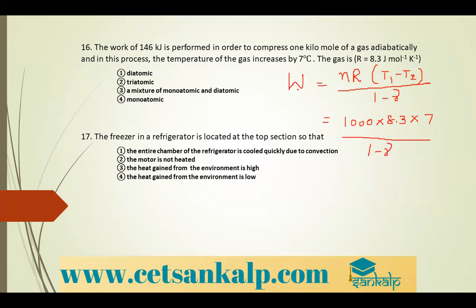So work done is minus, since it is an adiabatic compression, into 10 to the power 3. So 10 to the power 3 and 1000 cancel. If we keep this negative sign as it is, minus of minus, plus gamma is equal to 8.3 into 7 divided by 146. Solve this and try quickly.